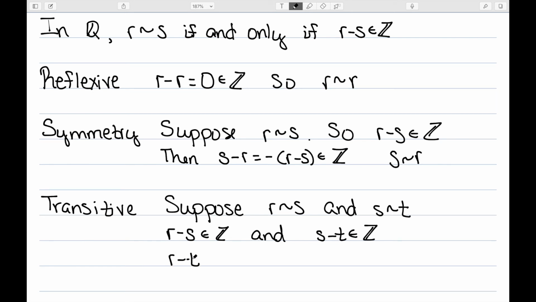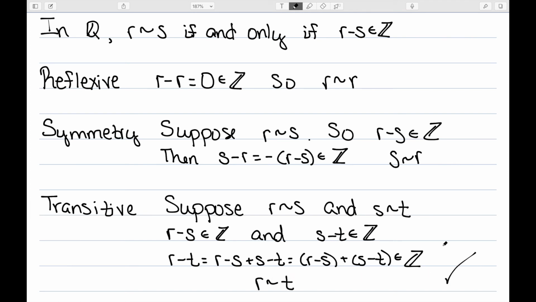If I look at r minus t, I'm going to rewrite this as r minus s plus s minus t, so I just added in 0. Regrouping, I have (r minus s) plus (s minus t). I know r minus s is an integer, and I know s minus t is an integer, and I also know if I add two integers, I still get an integer. So therefore, I have r is equivalent to t. So yes, this is an equivalence relation.